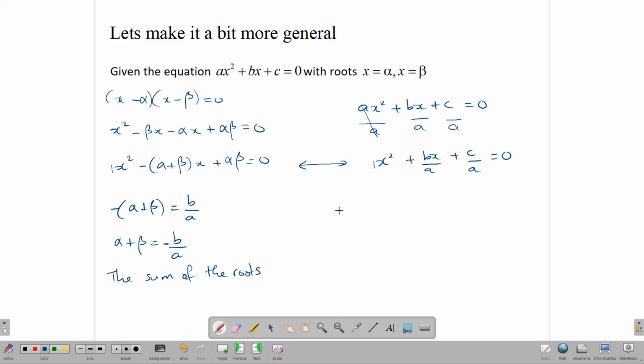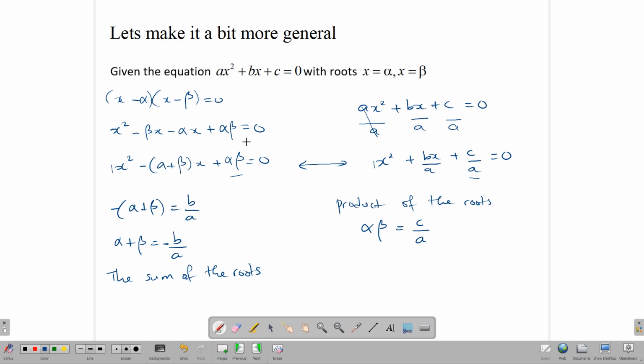Now the product of the roots. Notice that when the two roots, alpha and beta, are multiplied, it gives alpha beta here. And so alpha beta would be directly comparable to c over a. So alpha times beta would be equal to c over a, and that is what we have as the product of the roots.